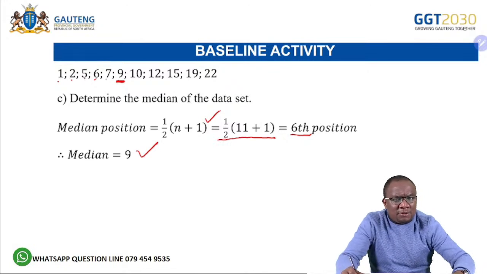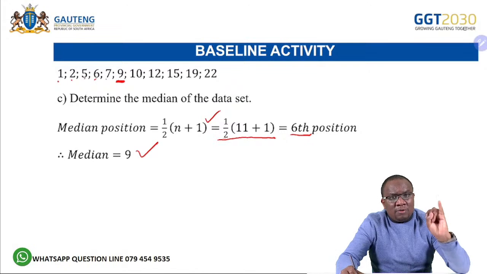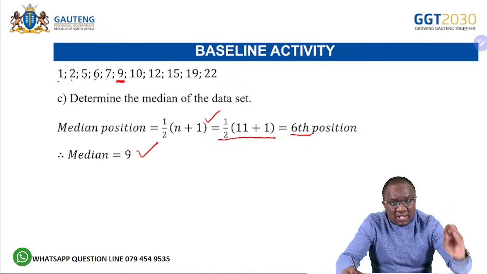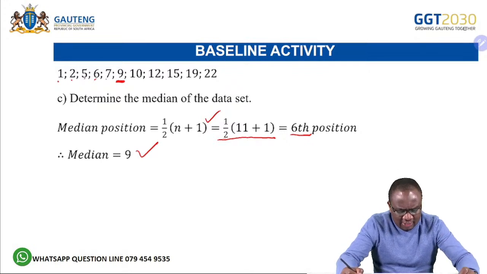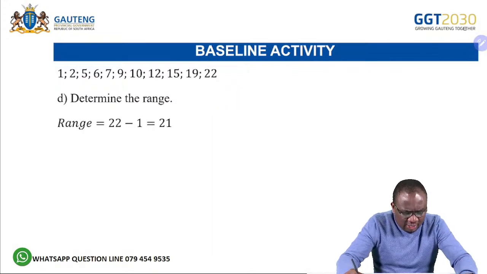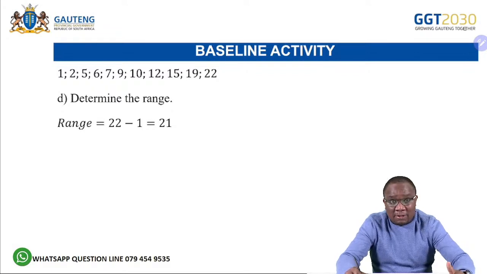How many things have we talked about now? We've talked about the minimum value, the maximum value, and the median. We have 3 numbers now. 2 to go to get to our 5-number summary. Now determine the range, but the range is not going to be part of those numbers.